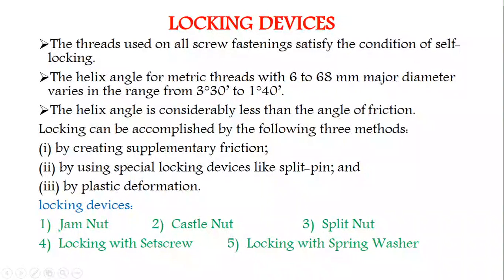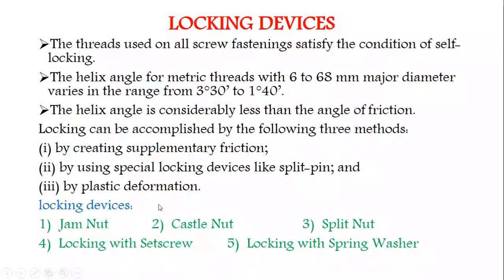Locking devices are used to prevent the loosening of threads between the nut and the screw. Locking can be accomplished by the following three methods. One is by creating supplementary friction. Second is by using special locking devices like split pin, and third is by plastic deformation.